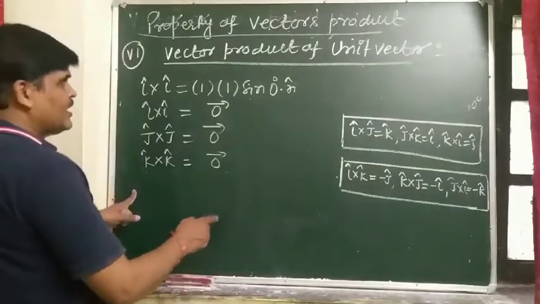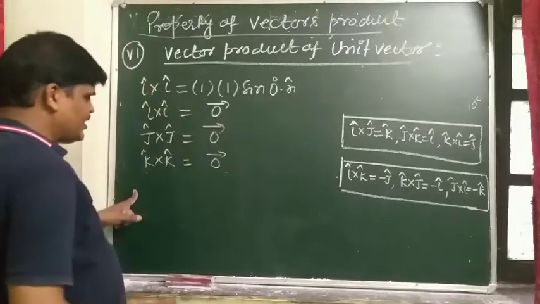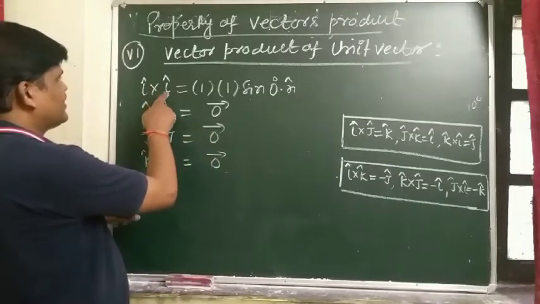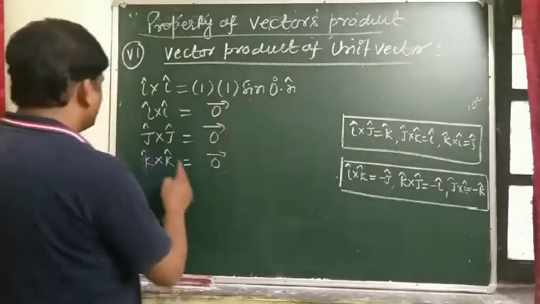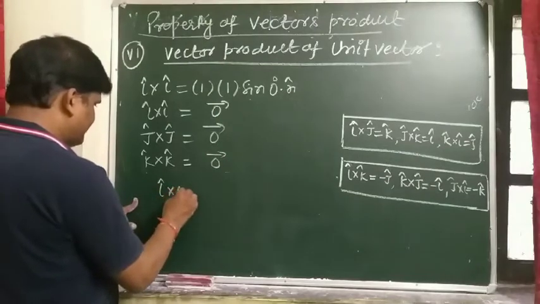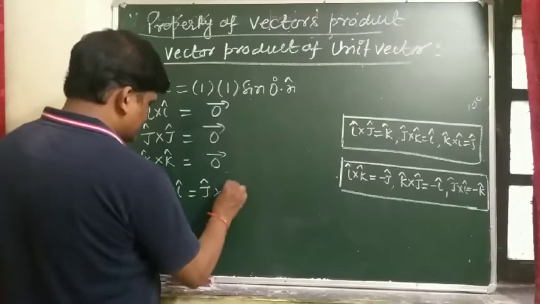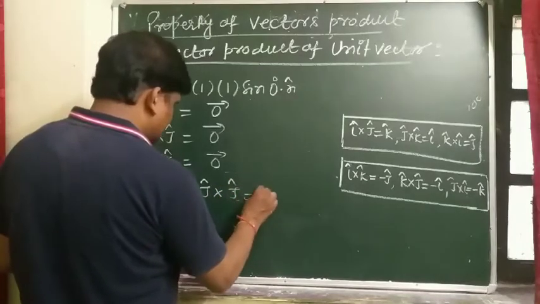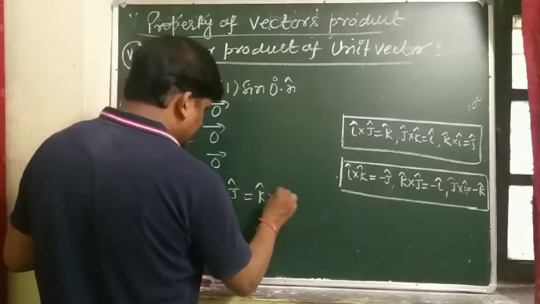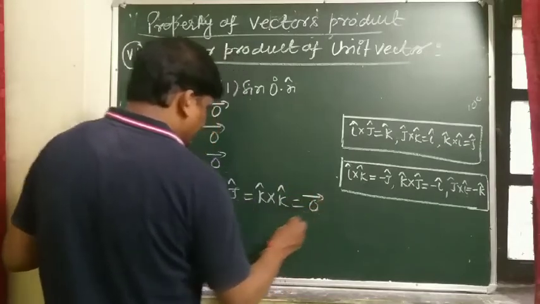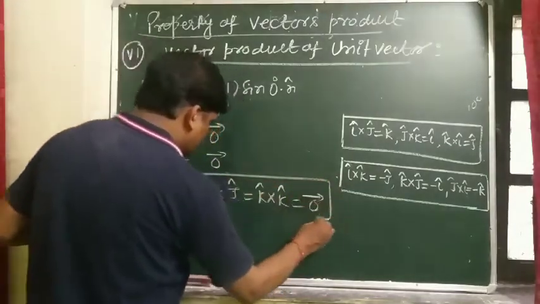And if we take the magnitude of i cross i, that will be 0. So we can write that i cross i, j cross j and k cross k are null vectors.